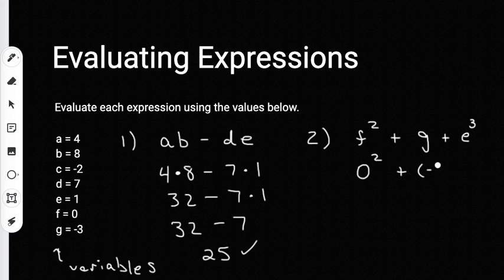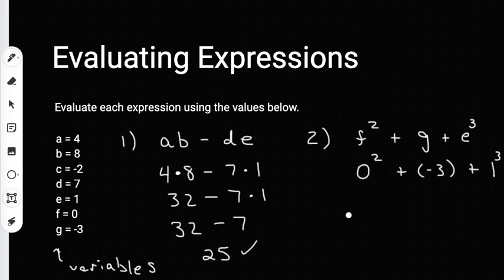I'm going to put that in parentheses, just so the signs don't mix. And then I'm going to bring down the plus, and e cubed is going to be 1 cubed. And I know that because e is equal to 1 over here. So I'm literally just replacing letters with numbers. That's all I'm doing. So now I move on to exponents.